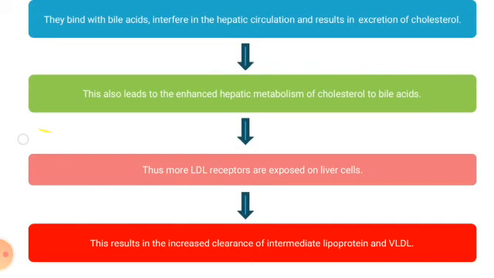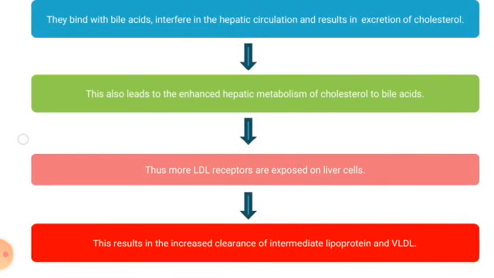This also results in the enhancement of hepatic metabolism of cholesterol to bile acids. Thus, more LDL receptors are exposed on liver cells. This results in the increased clearance of intermediate lipoprotein and VLDL.